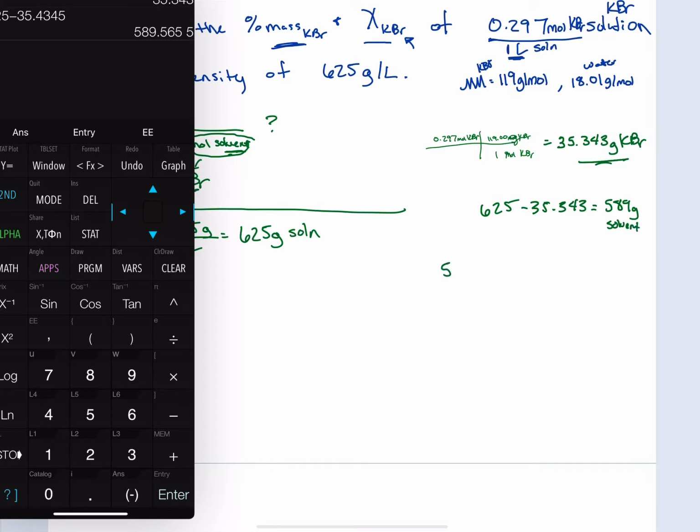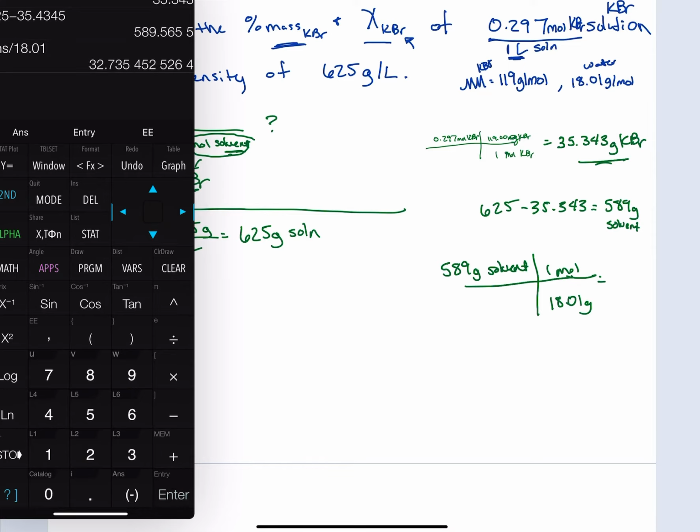So then I'm going to take my 589 grams of solvent and I'm going to turn it into moles, 18.01 grams into moles, divided by 18.01. And that gives me, and again, I'm throwing extra sig figs in here because I'm in the middle of the problem and I don't want to lose anything.